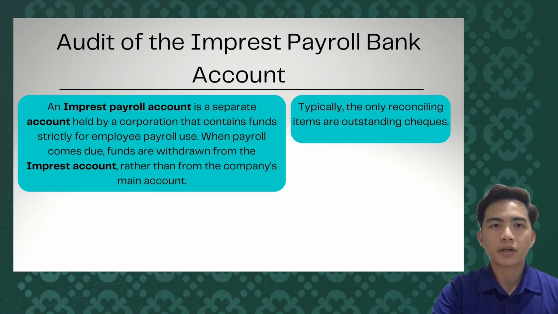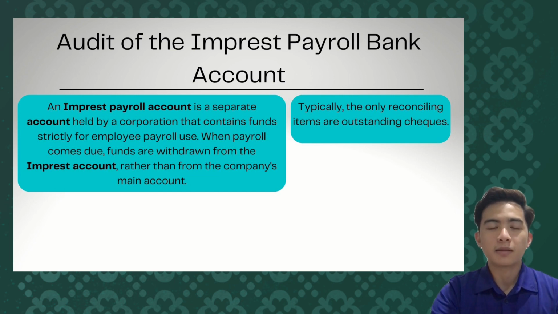Funds are withdrawn from the imprest account rather than from the company's main account, because payroll checks normally will clear within a short period of time. The imprest account provides extra control by restricting access to the general company cash account and facilitating bank account reconciliation.